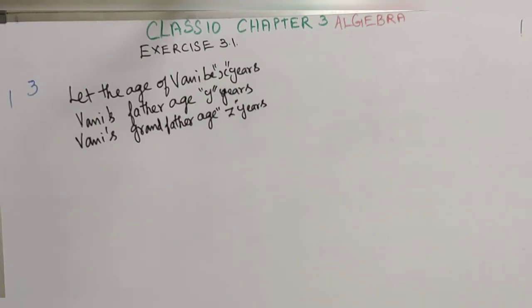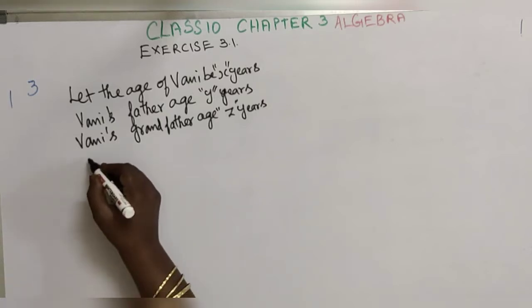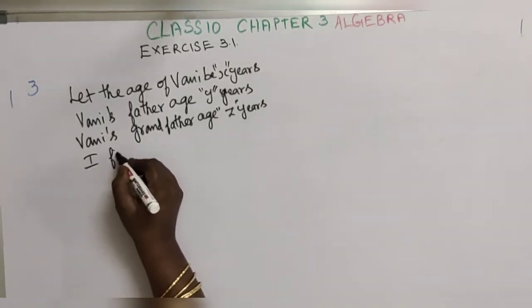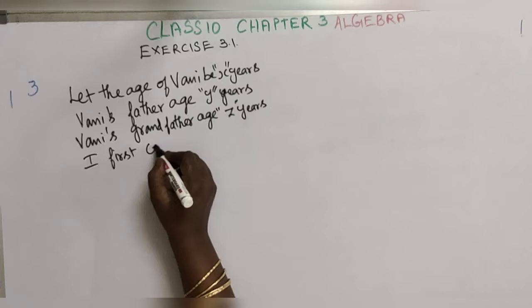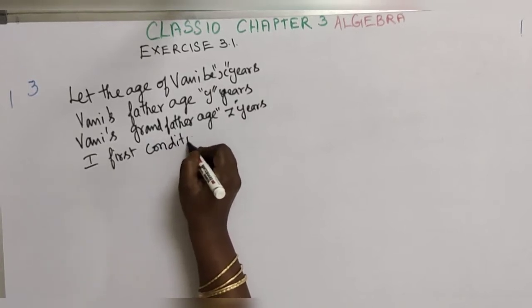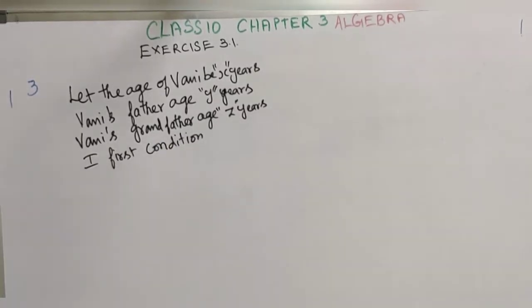Okay, now we have assumed their 3 ages as x, y and z. Now we have to frame equations, and if we solve those equations we can find the values of x, y, z: Vani's age, her father's age and her grandfather's age. By the first condition, Vani, her father and her grandfather have an average age of 53.